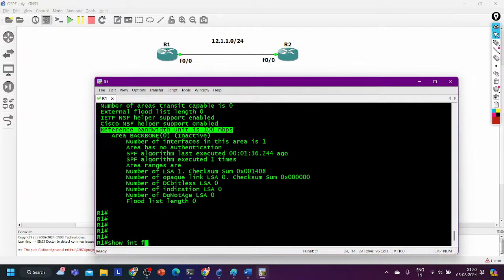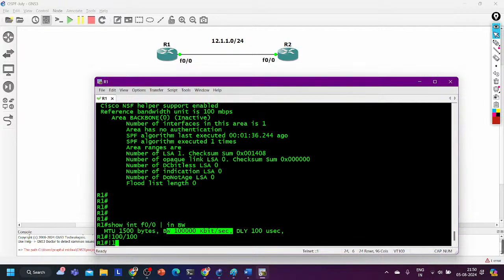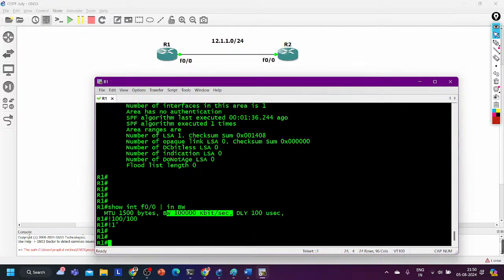Show interface F0/0 | include, what is the reference bandwidth? 100 Mbps. What is the bandwidth of the link? 100 Mbps. So the formula to calculate cost is reference bandwidth over bandwidth of link, meaning 100 divided by 100, right? The value will be 1. So this is how this router has calculated the cost.